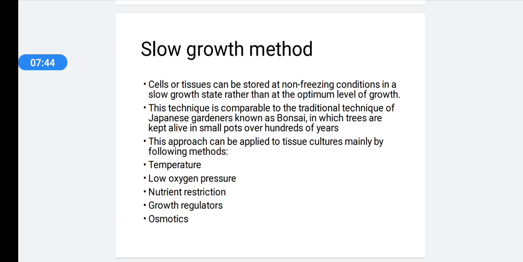Now we will discuss the next technique of in vitro germplasm conservation, that is the slow growth method. Here we are not freezing them. We are keeping them under non-freezing conditions, so that they are kept in a slow growth state rather than at their optimum level of growth.